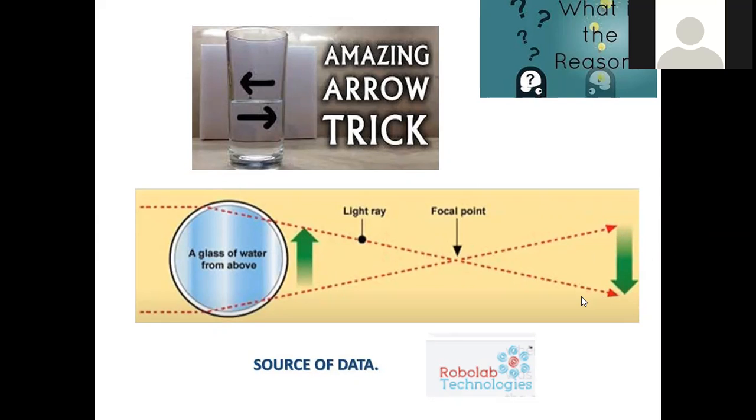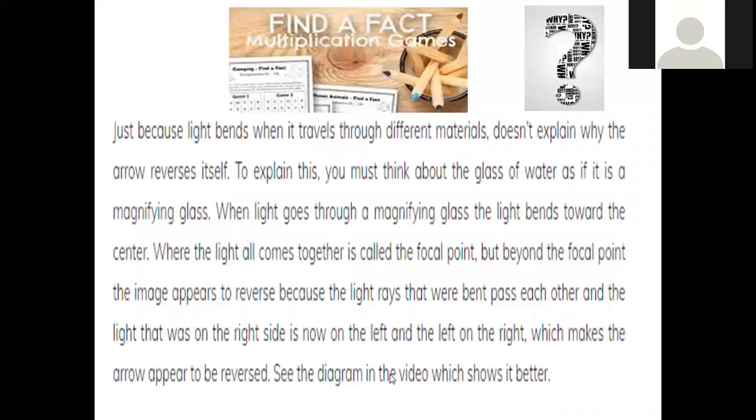That's the reason why it will be inverted. Exactly at the focal point, it will be different. We already saw what happens if we change the position of the object, what change in the position of the image we are going to get. So here the image is generated beyond the focal point, and that's the reason why it is inverted in nature.